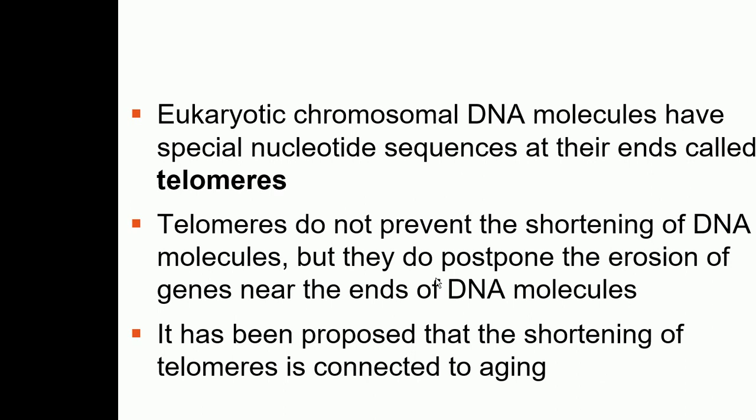So in every cycle of DNA replication, some part of the DNA is removed, but we are not losing important genes, because at the end of the chromosomes there are telomeres. They do not code for any gene. We also call telomeres caps. They are caps on the chromosomes.